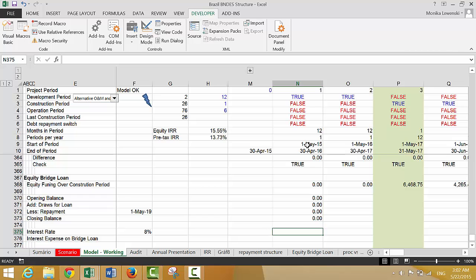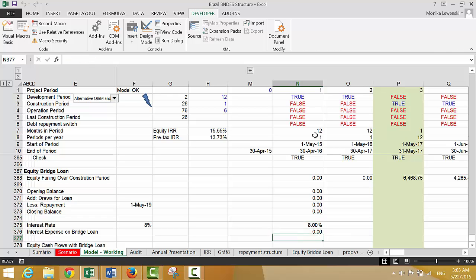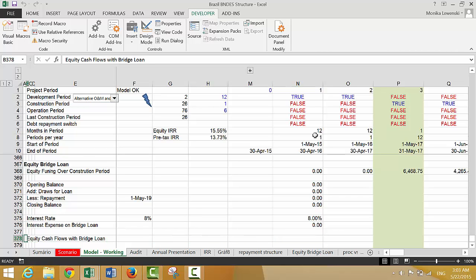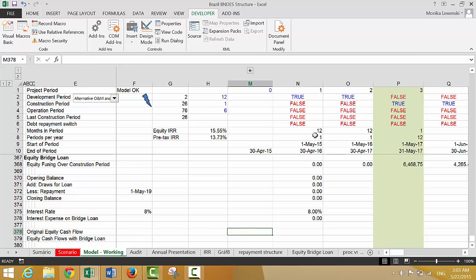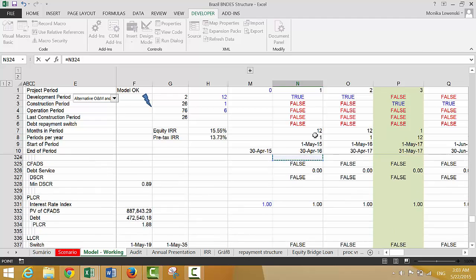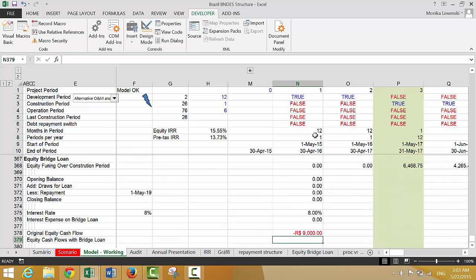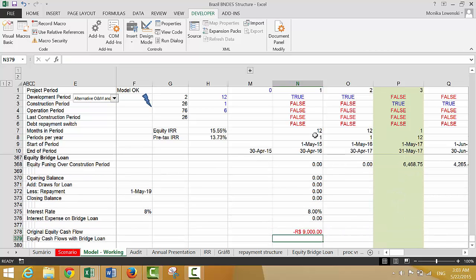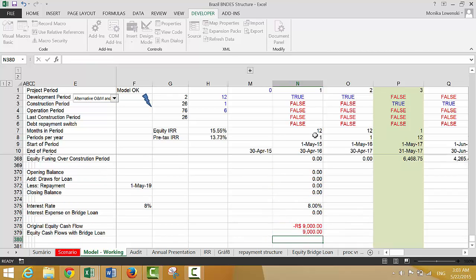But as usual, we'll divide that by how many periods we have for this, and then we'll put the original equity cash flows, and then we go up to those equity cash flows that we did before, okay, and then after we get this one, we can add the amount we draw from this, and then subtract the amount we repay.